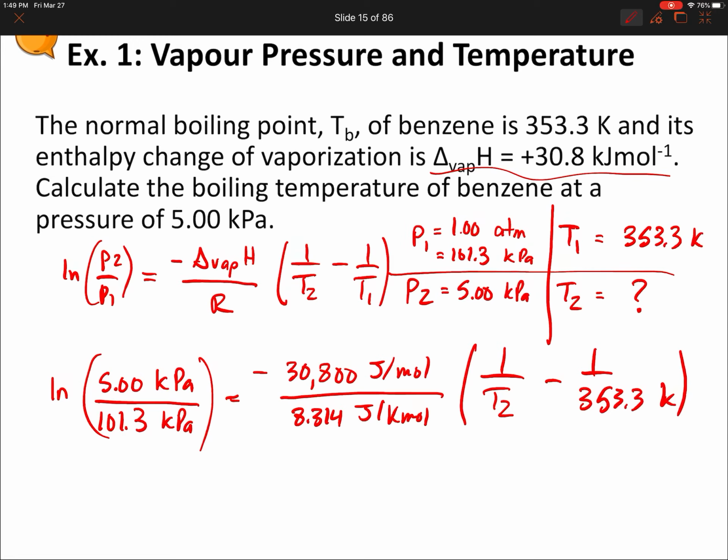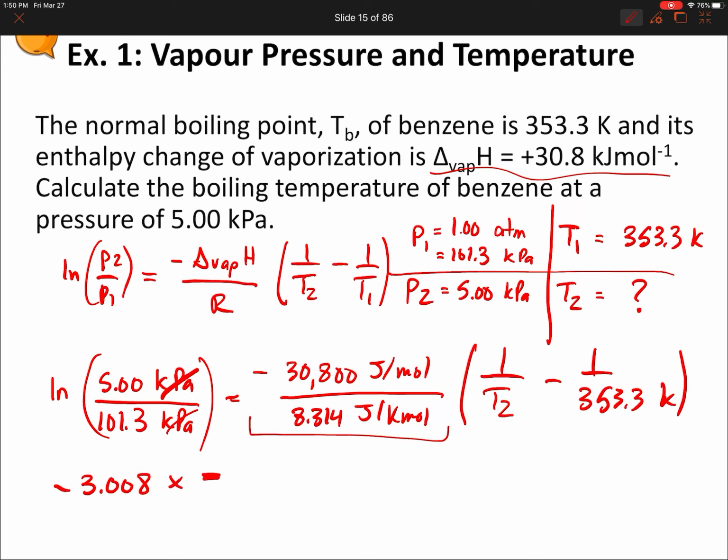So we can compute everything on the left, and that actually turns out to be negative 3.008. This is unitless. These kilopascals go, and the natural log of those numbers is a unitless negative 3.008. And what we can do now is bring this piece over to the left-hand side, because those are just values as well.